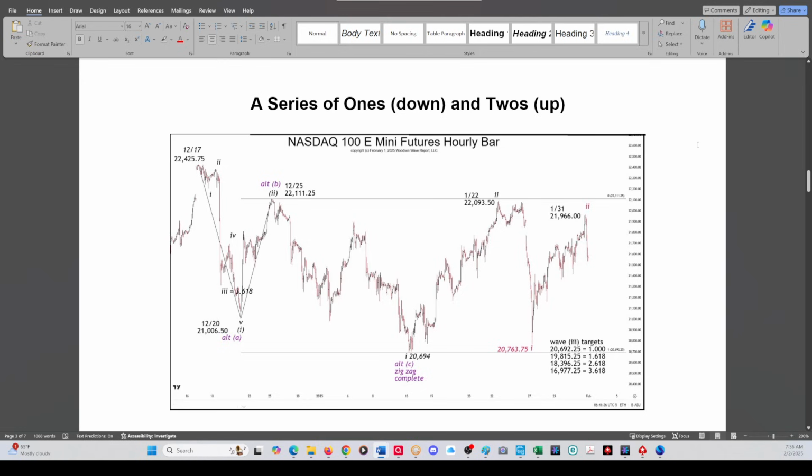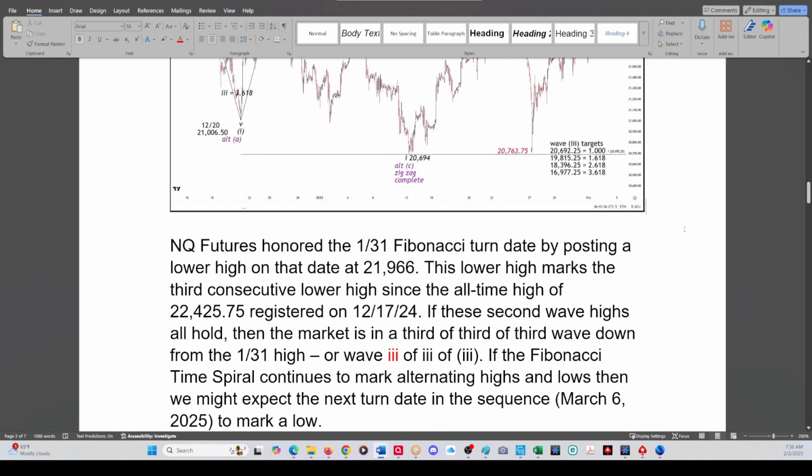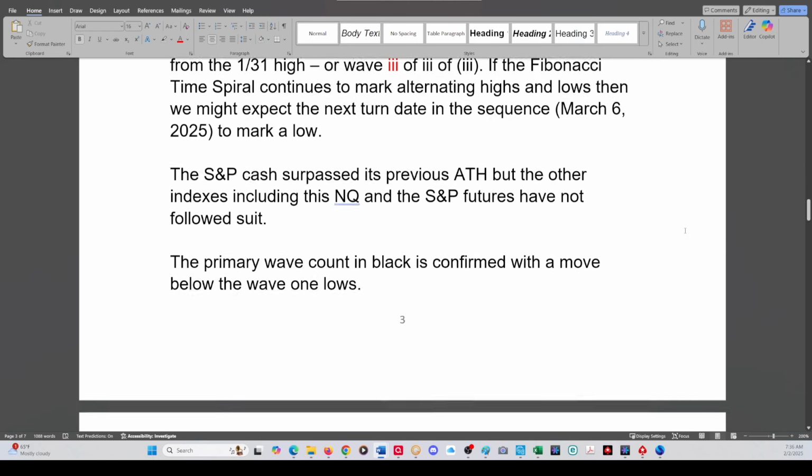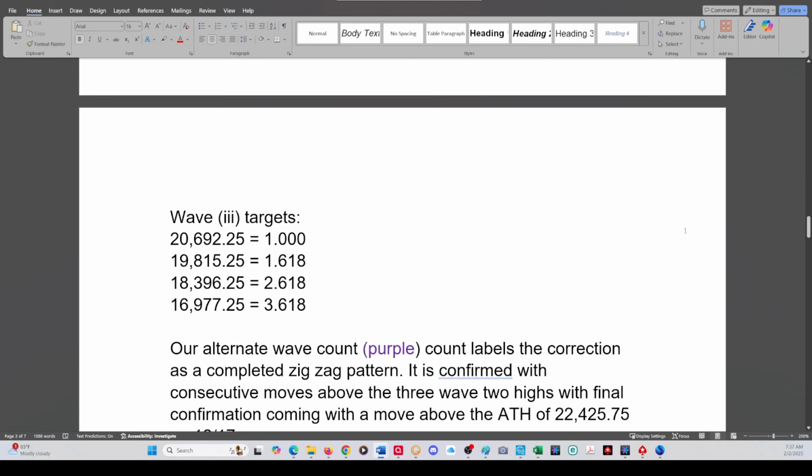The S&P cash has, but it's the outlier. All the other indexes, the Dow, S&P futures, which usually lead, haven't broken above it. We'll get into that later, but this one's following suit. That's what we're looking at for the wave 3 targets.